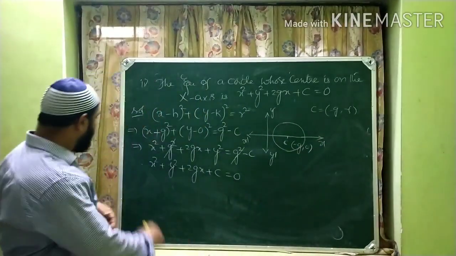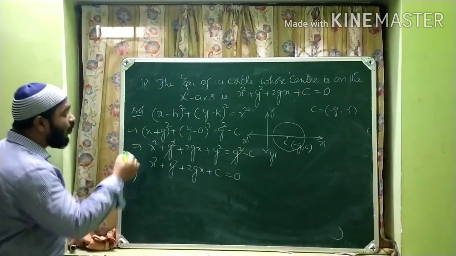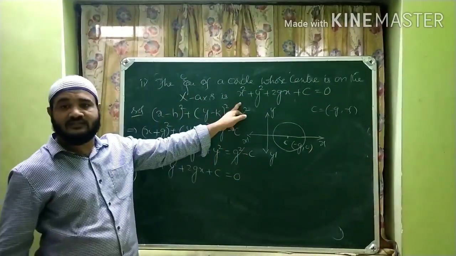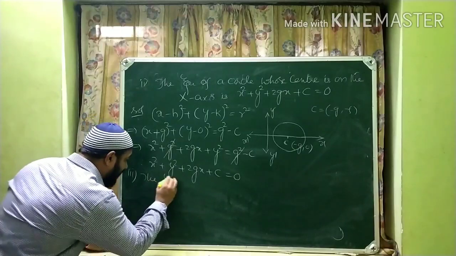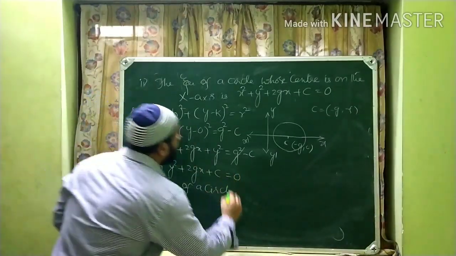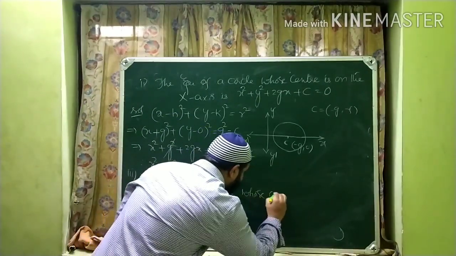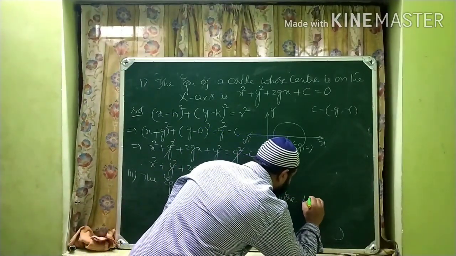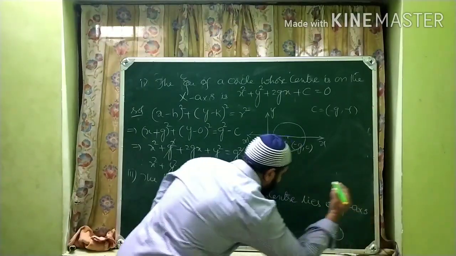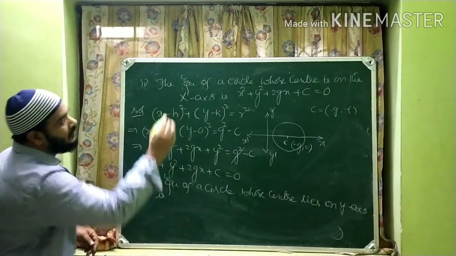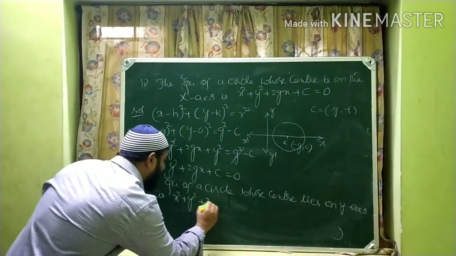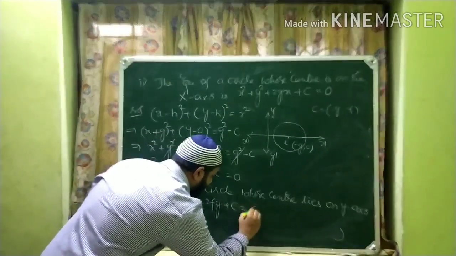Then you may guess, what is the equation of the circle whose center is lying on the y-axis? So the equation of a circle whose center lies on the y-axis is x square plus y square plus 2fy plus c equals 0.